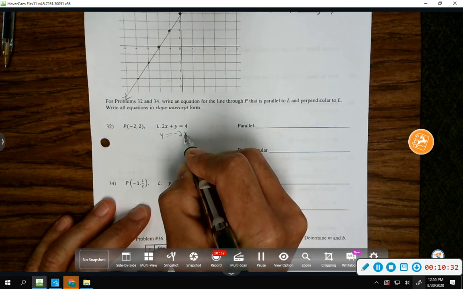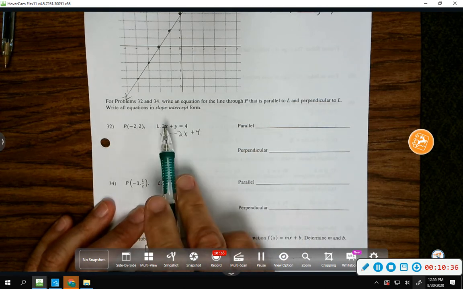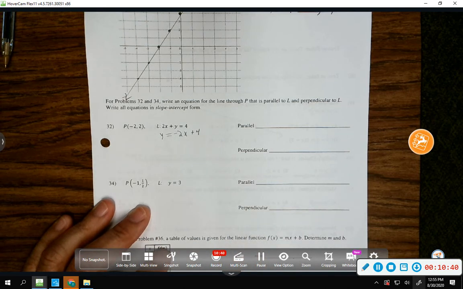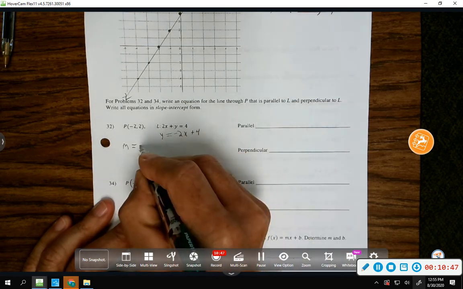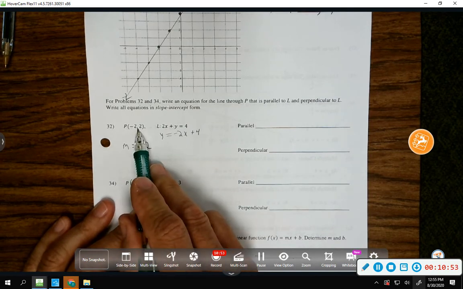So I will subtract the term of 2x from both sides of the equation to eliminate it from this side and create a negative 2x on this side. That means that the slope is negative 2 for the parallel part. And it's going through this point right here.